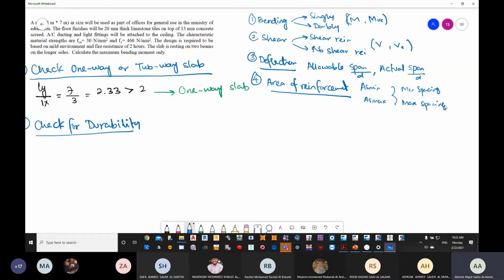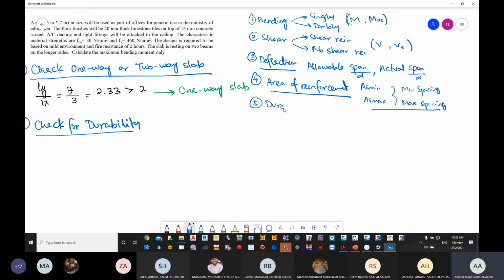These are going to ensure for you as well that you are within the limit of area of reinforcement, that you are not going to go for the over reinforced or the balanced section. So once again, we said an element can fail in bending, it can fail in shear, it can fail in deflection, it can fail in area of reinforcement, and lastly, it can fail in durability.